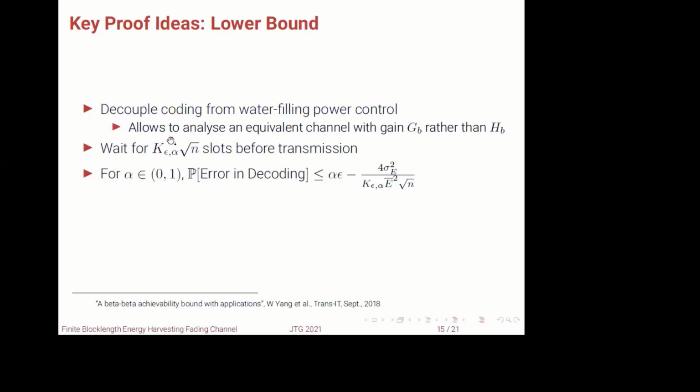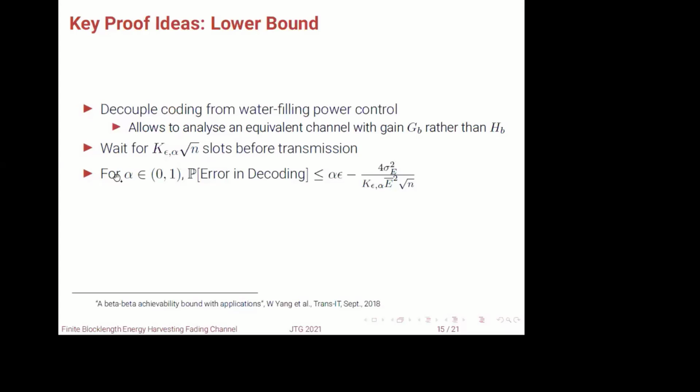Now, once we have that, as we have mentioned earlier, we use this policy where the transmitter waits for a certain duration of time. It waits for order square root of n slots before transmission.